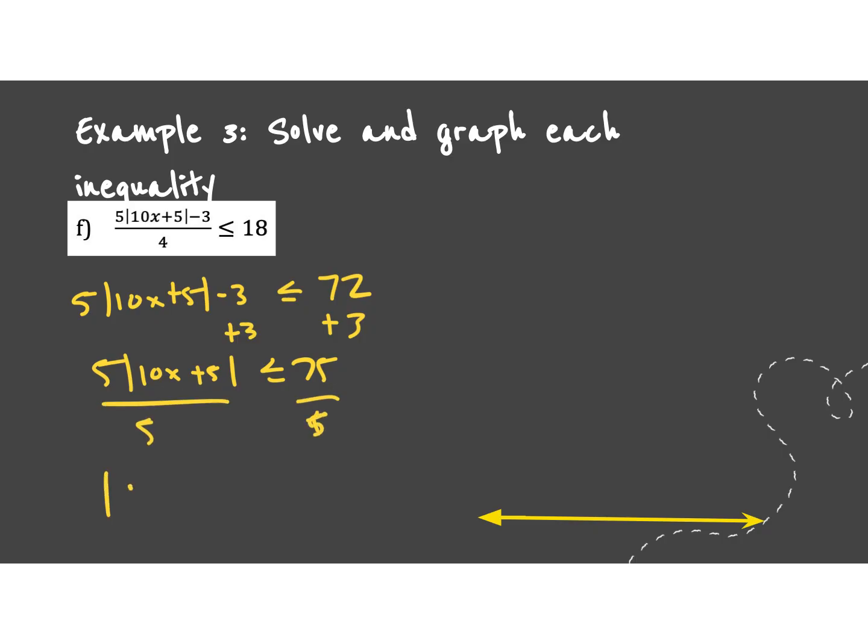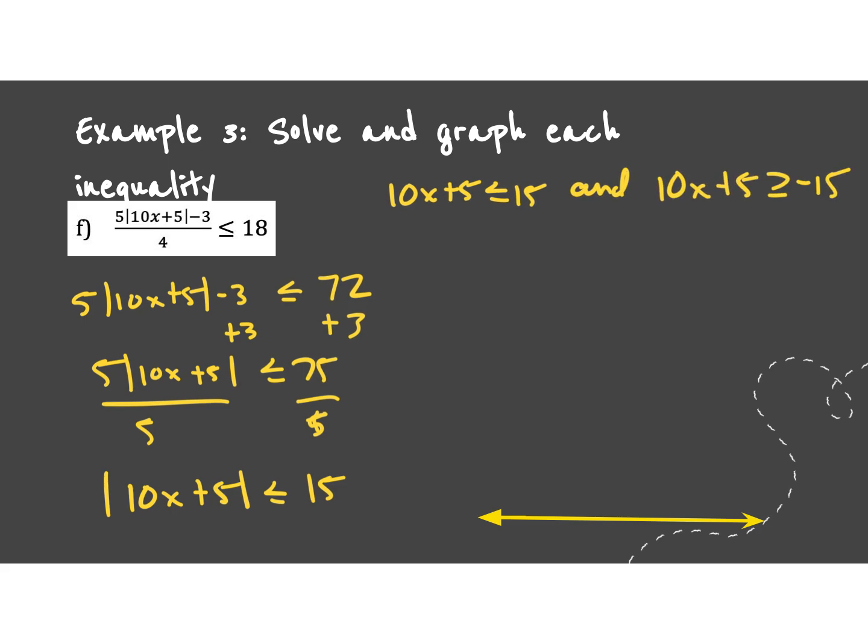So that's absolute value of 10x plus 5 less than or equal to 15. Okay, so less than or equal to. So it's going to be 10x plus 5 less than or equal to 15, and 10x plus 5 greater than or equal to negative 15.